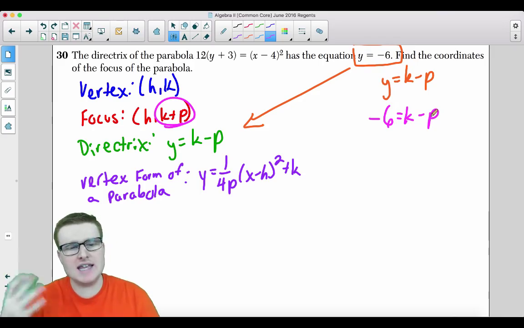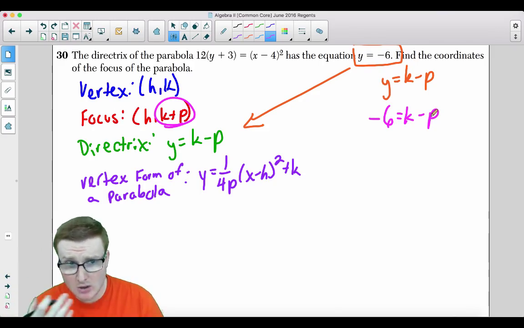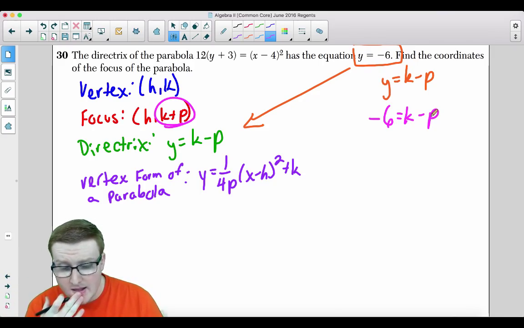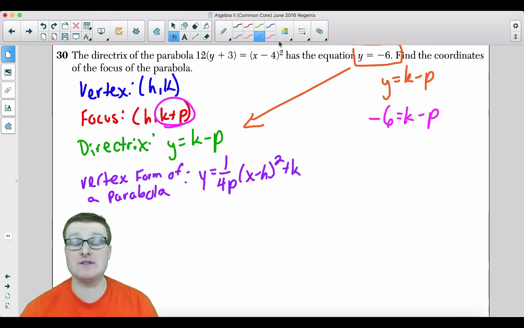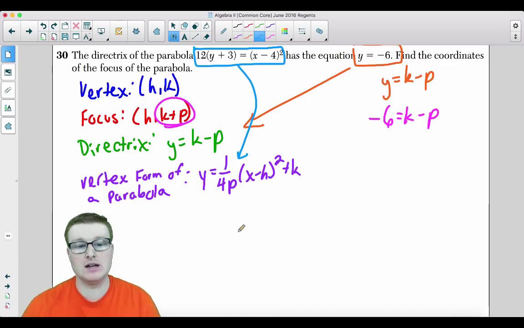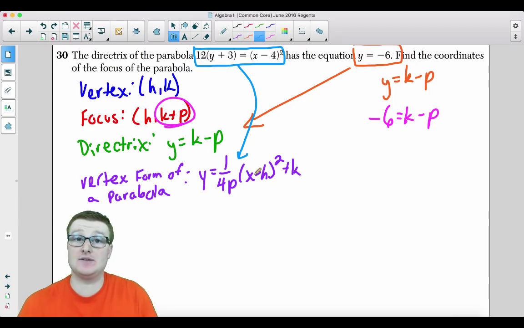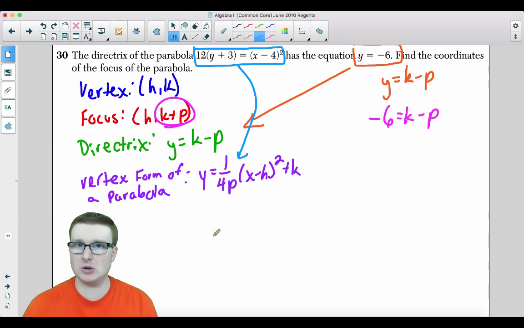Now, do we know any k minus p value? Well, no, not yet. So what we need to do is something even before this. We actually need to convert this into that form to find the vertex, because if we convert it, we could easily find the vertex. So let's go ahead and do that.